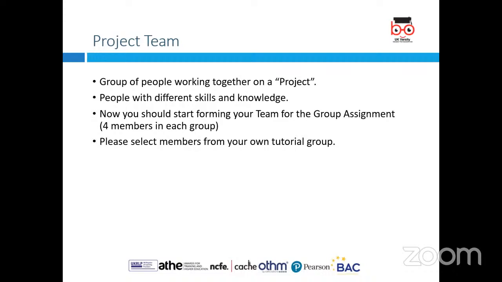So we should start by forming teams or groups for assignments. Normally these groups might involve 3 to 4 members, depending on the complexity and the time required for the deliverable.